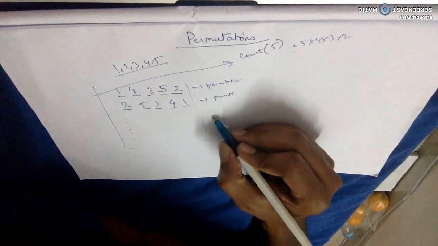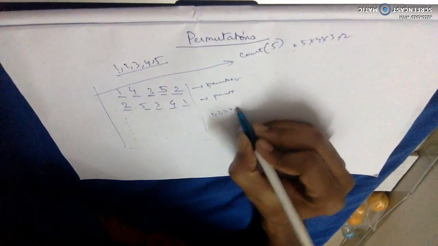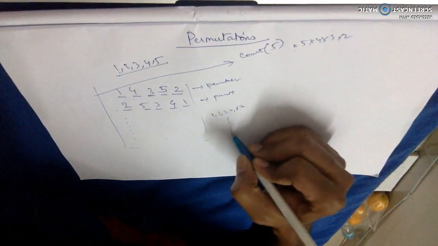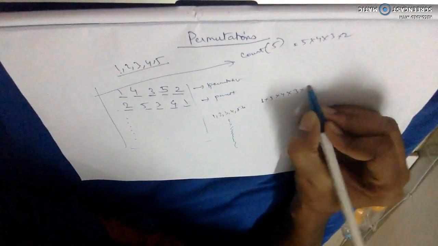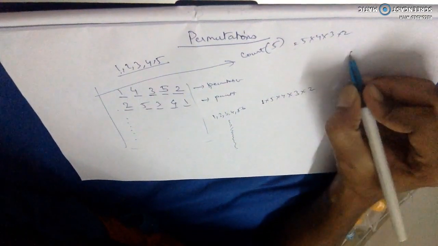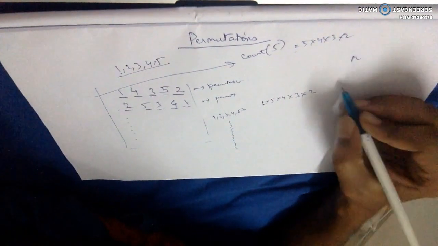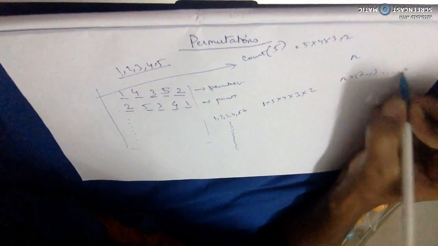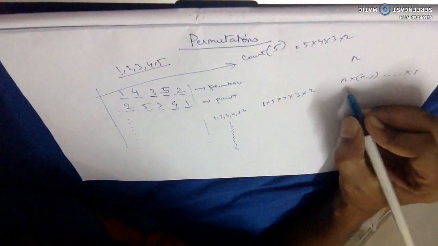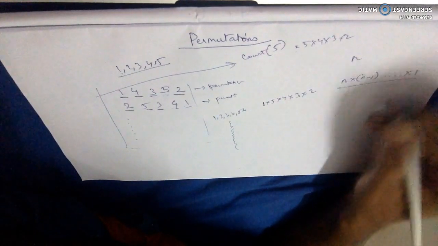When you take six numbers and you shuffle them, the answer is 6 into 5 into 4 into 3 into 2 into 1. So basically if you take n numbers and shuffle them, the answer will be n into n minus 1 till 1. So they have a shorter notation to write this.